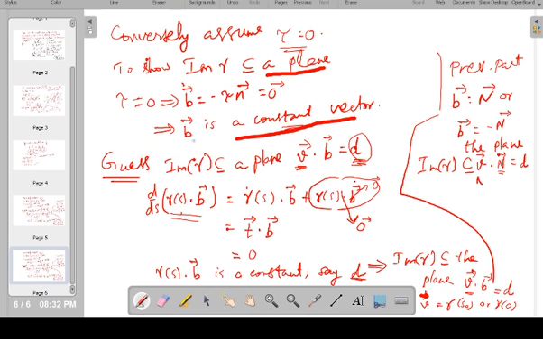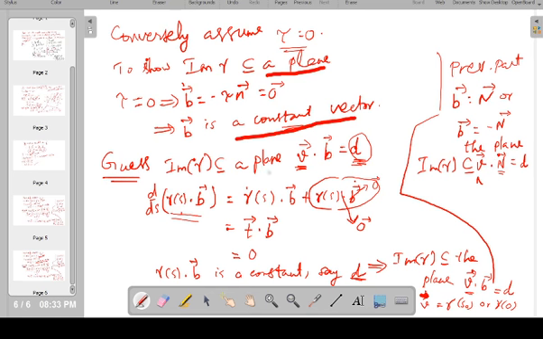But from our previous part, b was either N or b was minus N. And in the previous part, we started with the image of gamma contained in the plane v dot N equal to d. Therefore, we start with b instead of N. The natural choice for N is b.